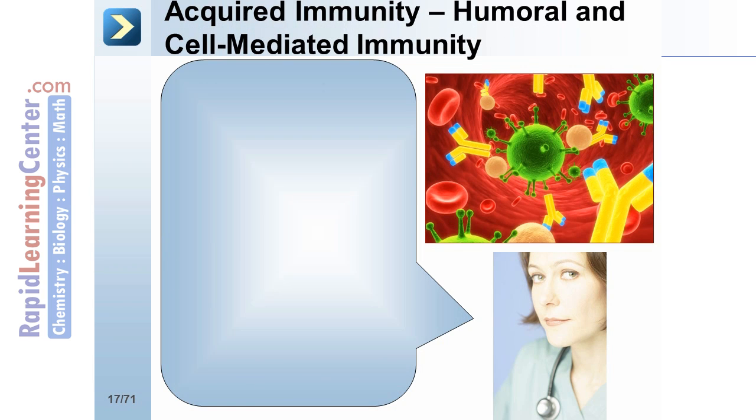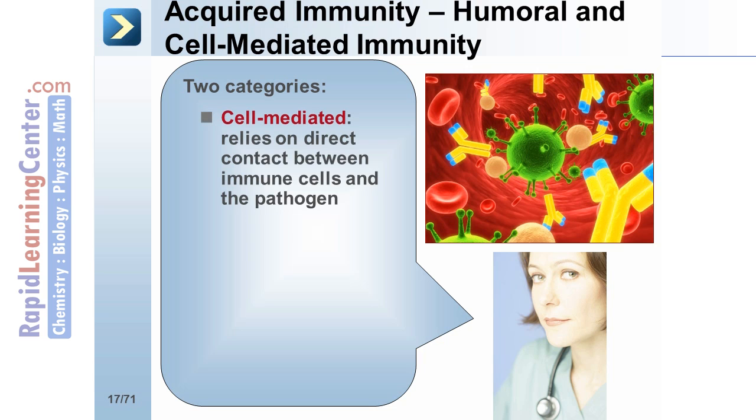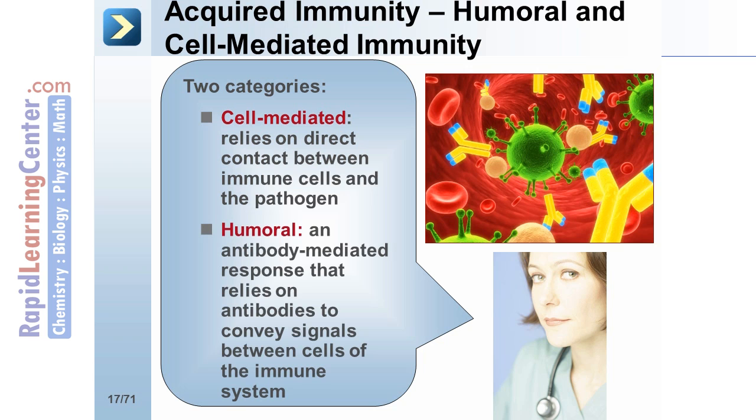The components of the acquired immune system can be divided into 2 categories: cellular and humoral. The cell-mediated component relies on direct contact between immune cells and the pathogen, while the humoral component is an antibody-mediated response that relies on antibodies to convey signals between cells of the immune system.